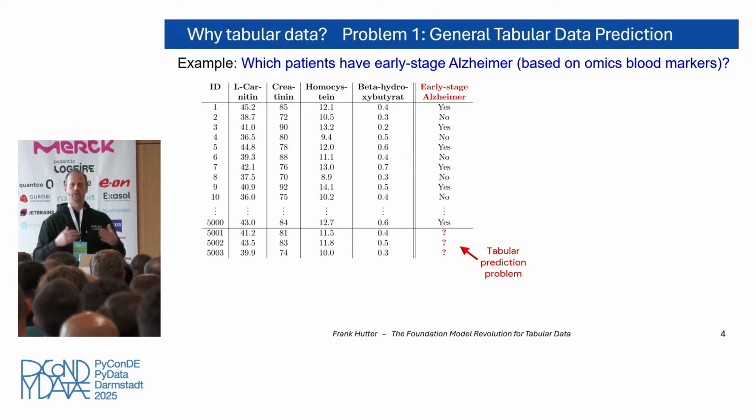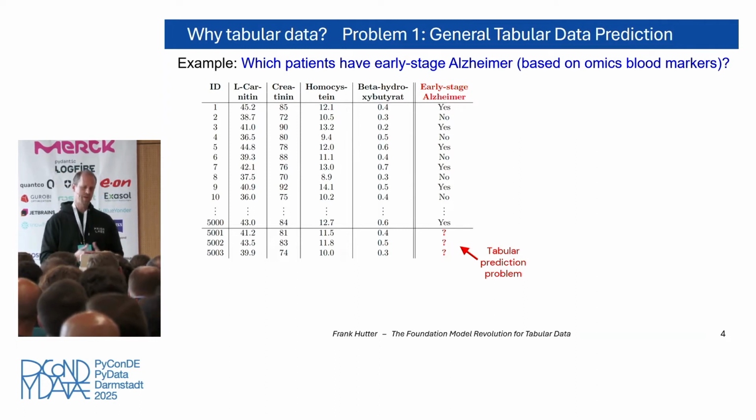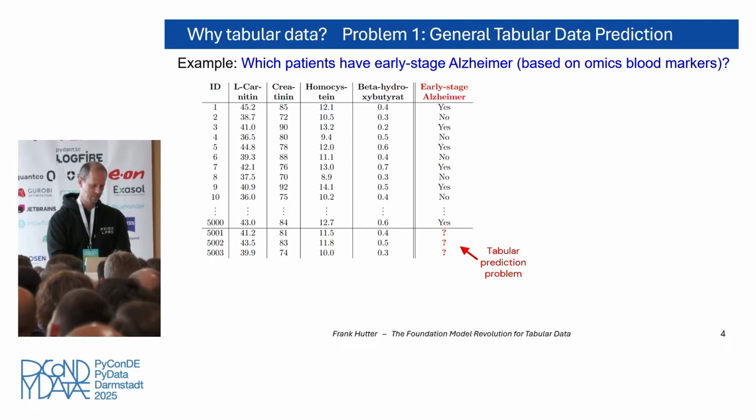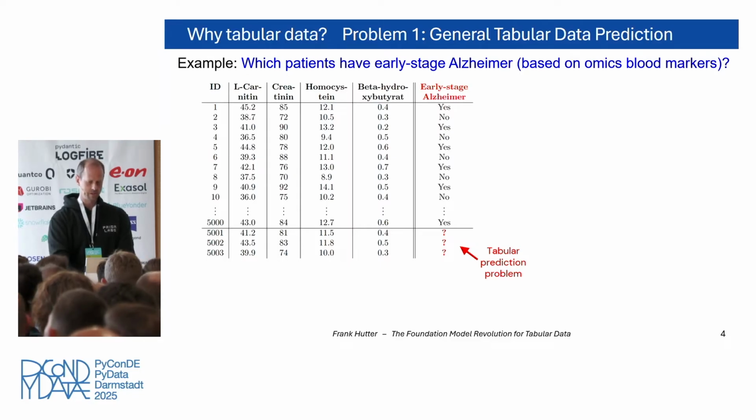All right, so to motivate this talk, why tabular data? There's a lot of tabular data prediction problems in the world, and they take the following form. There's some training set, some test set. We have some features, and we want to predict something.